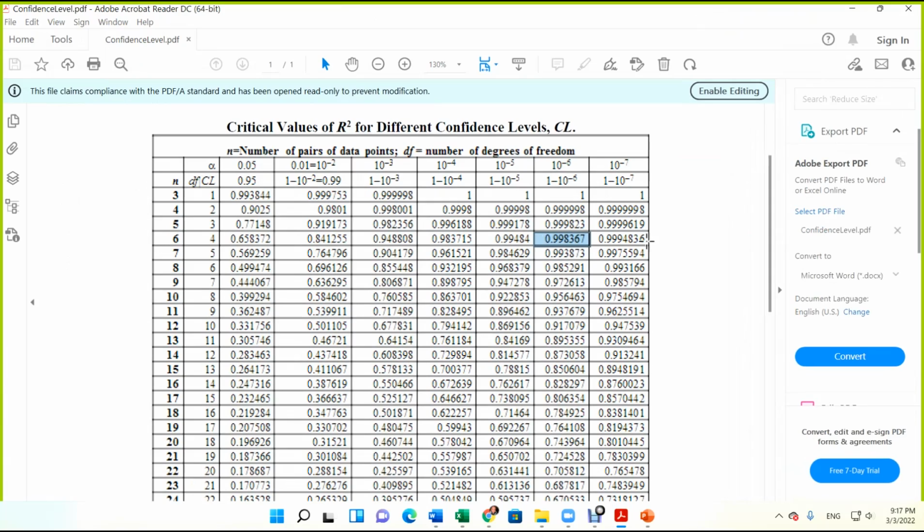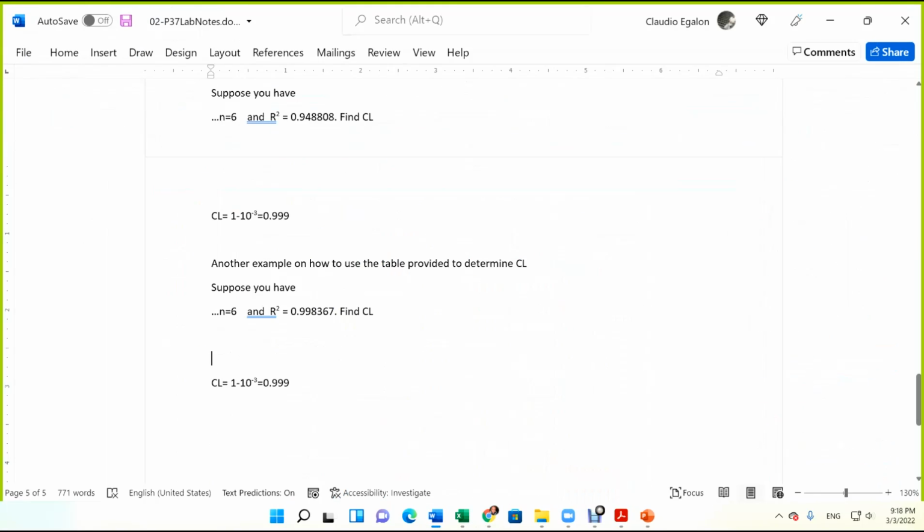You are going to go up until you reach the row for CL, 1 minus 10 to minus 6, and then you write that down. 1 minus 10 to minus 6, and then that should be how many? 1, 2, 3, right? 10 to minus 3 is 3 decimal places. 10 to minus 6 is 6 decimal places.